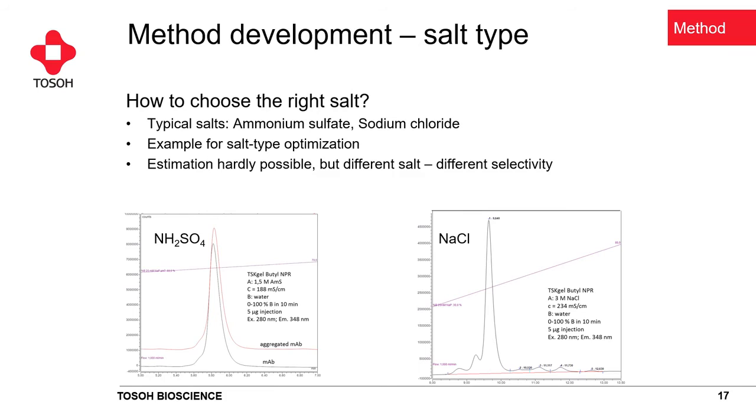As an example of how the salt type influences the separation by hydrophobic interaction chromatography, we have here a separation that was done with standard ammonium sulfate, where a monoclonal antibody was separated, and then the same monoclonal antibody separated in sodium chloride.